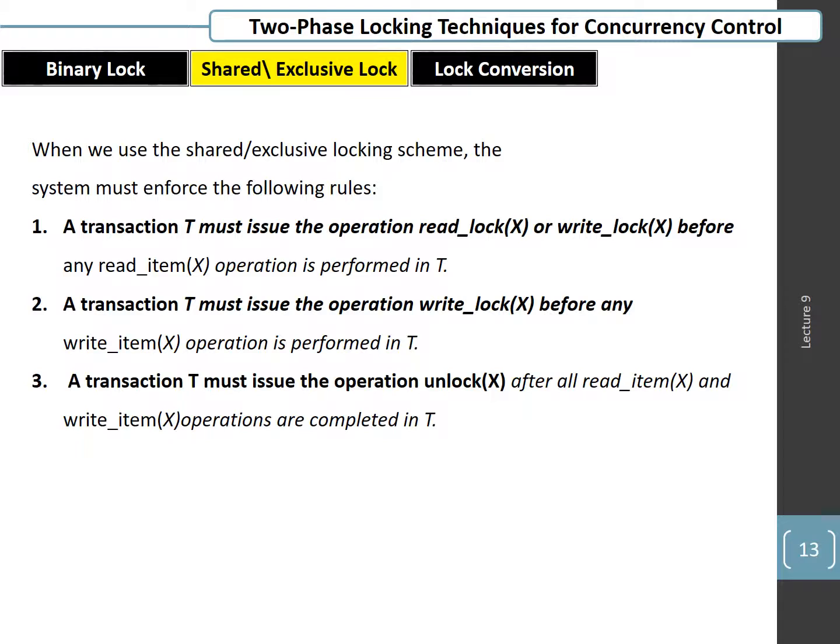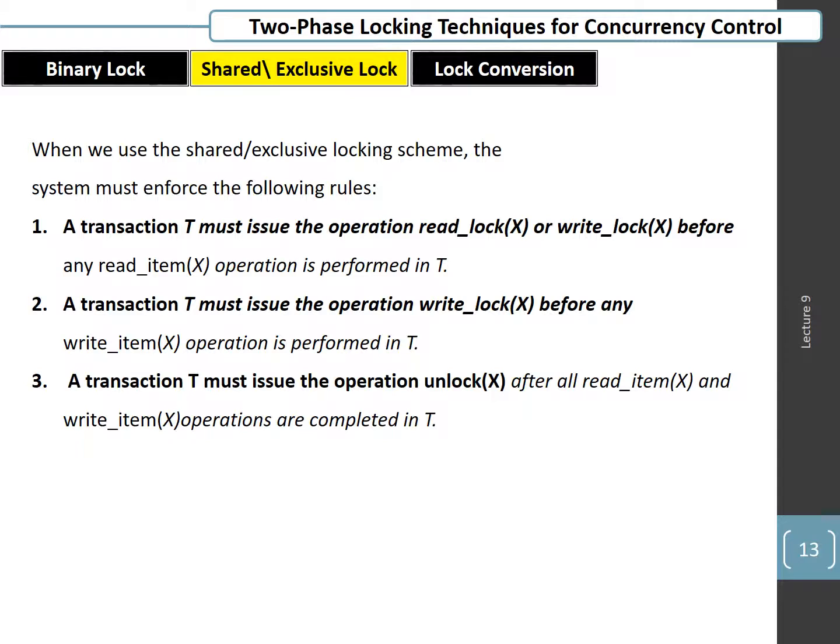A system that uses shared and exclusive locking must enforce some rules. The first rule states that if a transaction wants to read the value of a data item, it must apply a read lock or a write lock to ensure that the data item will not be changed.